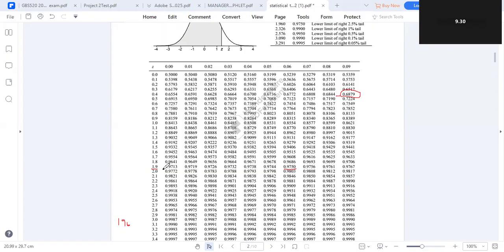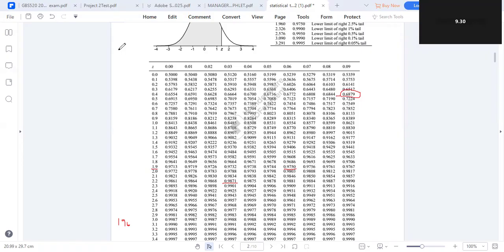You just give me the figure 1.96. All right, so help me. What is the Z for 0.9871 from that table? It's 2.2 and 0.03, so the Z is 2.23.